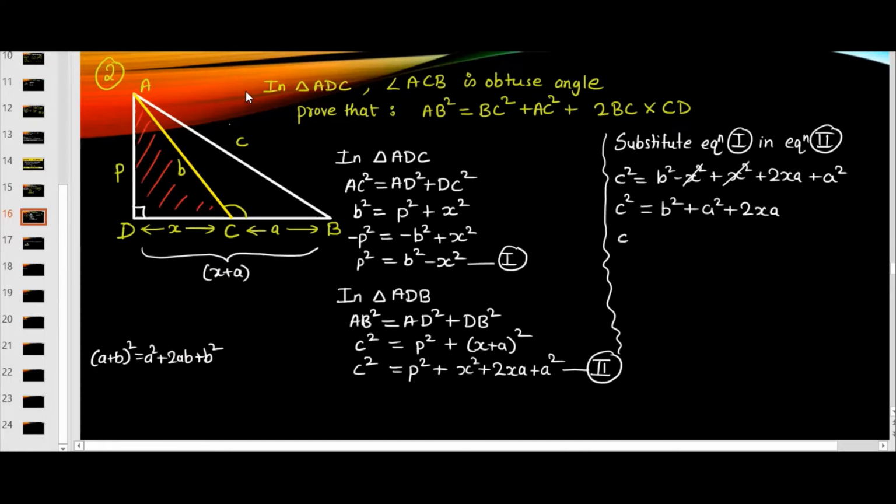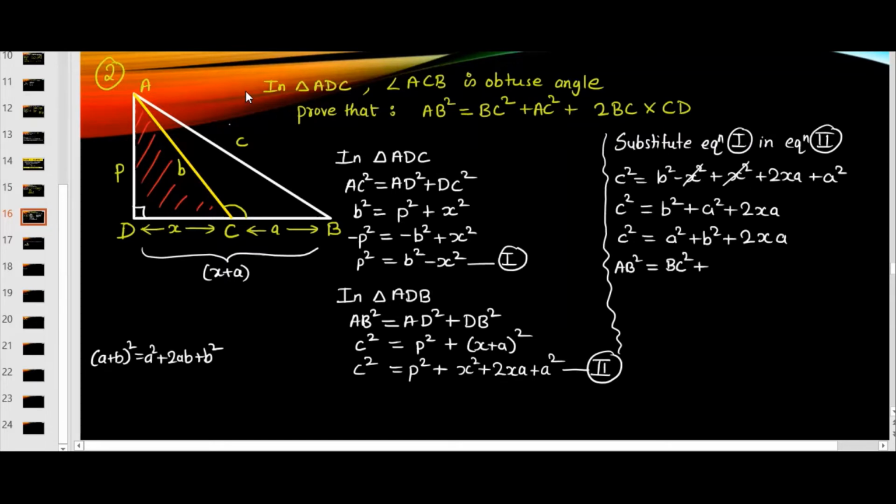Or else I can also write this as C square equals A square plus B square plus 2 times X multiply A. Let us see which side is C. C is actually AB. So we will write AB square equals, A side is BC, I will write it as BC square.